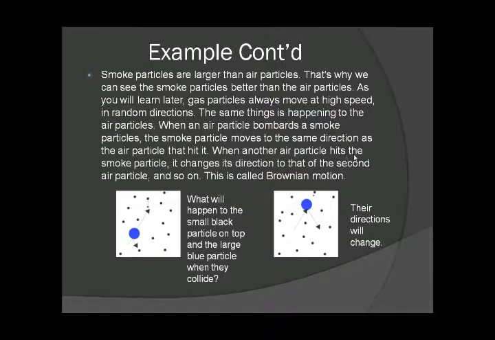When another air particle hits the smoke particle, it changes direction, and so on. This is called Brownian motion. So what will happen to the small black particle and the large blue particle when they collide? This is how Brownian motion works. It changes direction by the continuous bombarding of several particles of air or liquid.